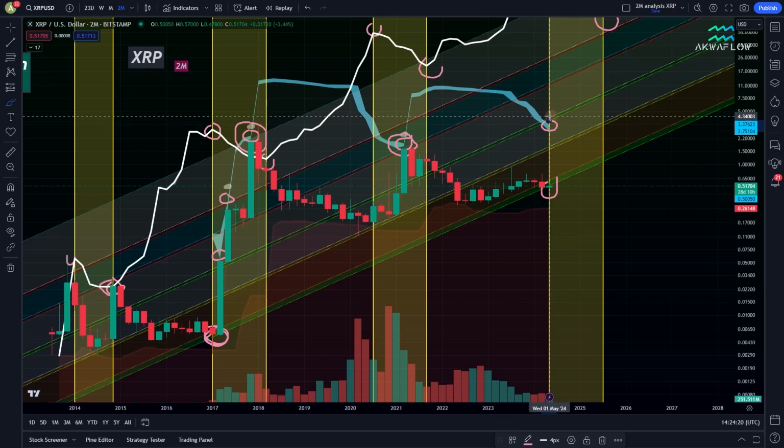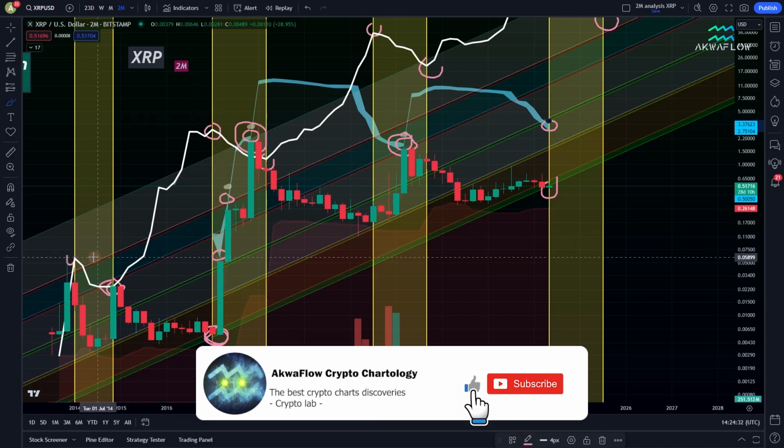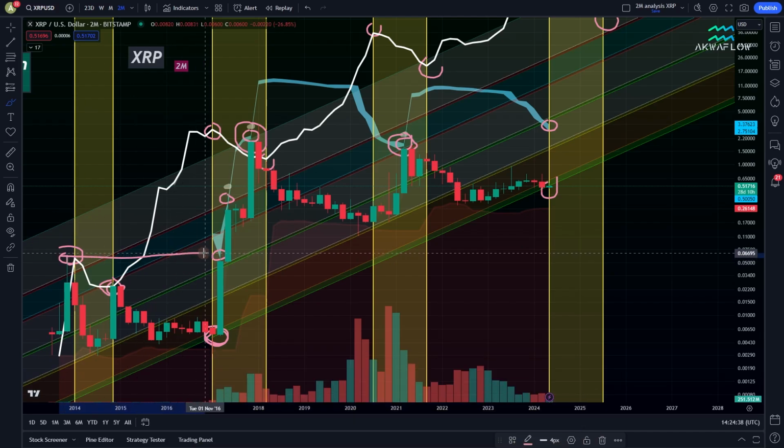But what I'm really paying attention to is this. Here you have the skyline, right? And when did we go up? When the skyline reached the previous all-time high of XRP. So if I draw a line, you see here, when the skyline penetrated this line, right, we started going up. This is very important.